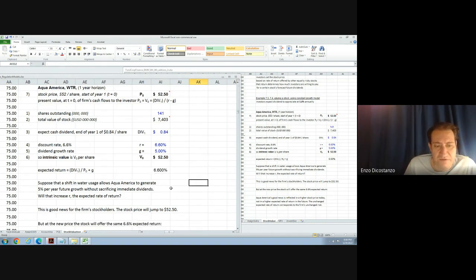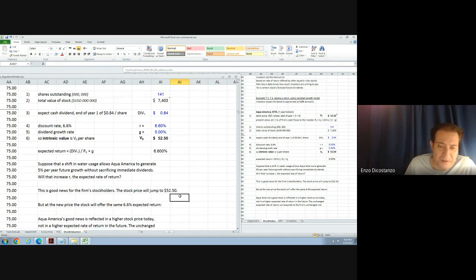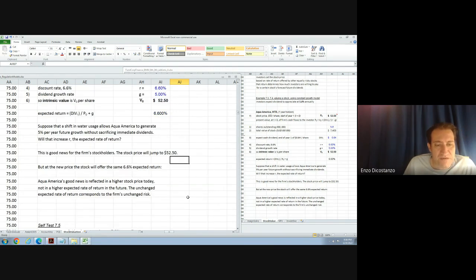So you have a shift in growth based on just economic factors in the markets. That's really what that's saying. So the stock price will jump a bit, more than a bit, 67% higher. But we'll offer the same expected return. Okay, so you get the same R out of this.